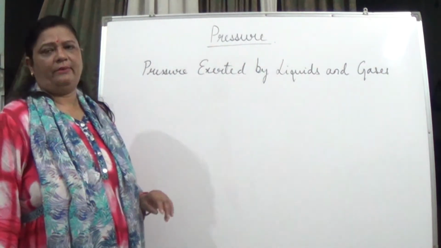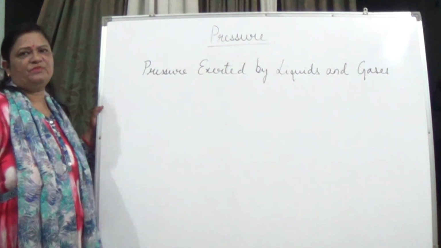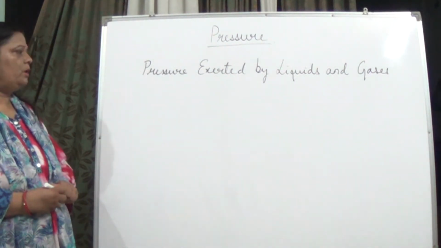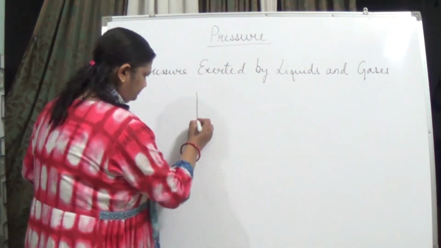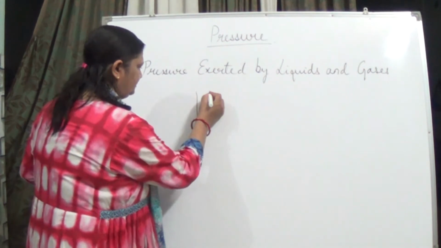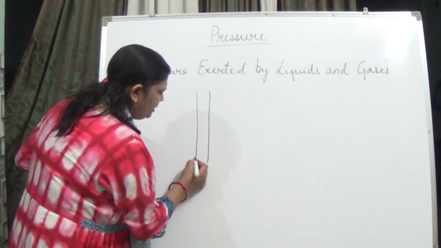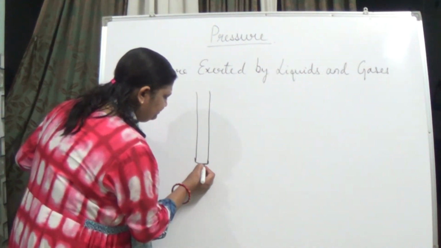First the liquids, okay. So how does a liquid exert pressure? Let us see some examples and do some activities. Take a glass tube, and at the end you are covering it with a rubber.